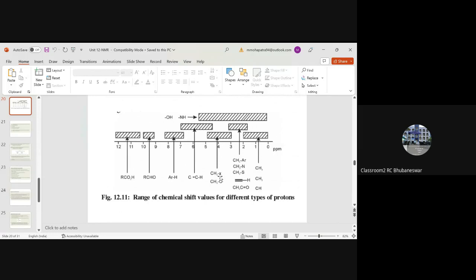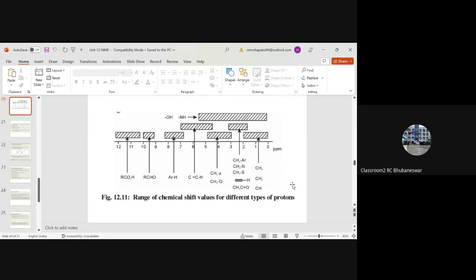Here you see a proton is attached to your nitrogen, or attached to your oxygen, or attached to your carbon, depending on which kind of molecules you are using. The chemical shift moves towards the downfield direction.